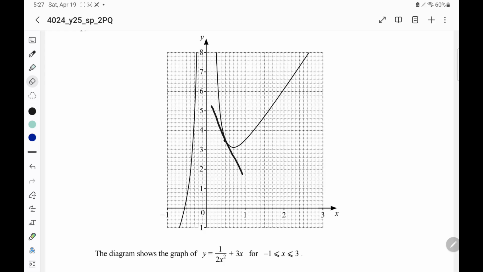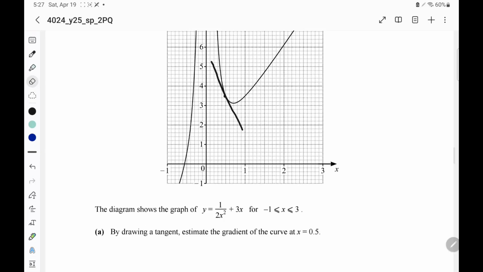Okay. Now just take the two coordinates. For example, I'm taking the same coordinate which is here, 0.5 is here, 0.5, and this is 3.4, this point. And then I can take one more point like here 0.2 and 4.8.